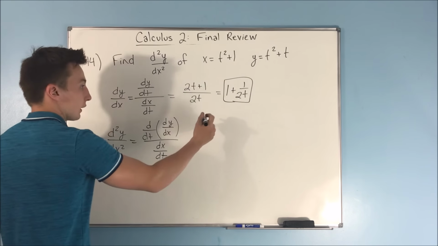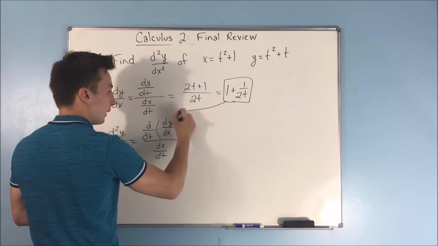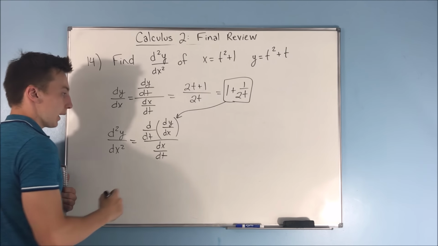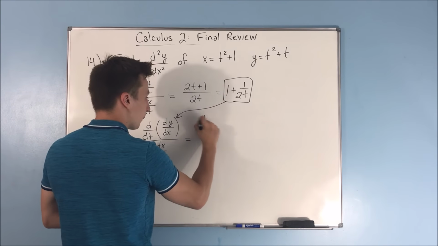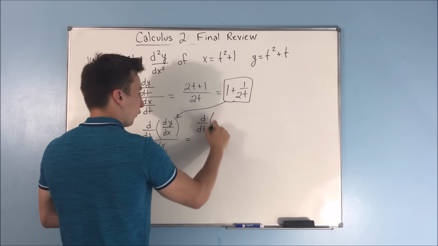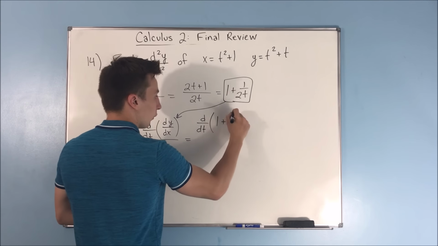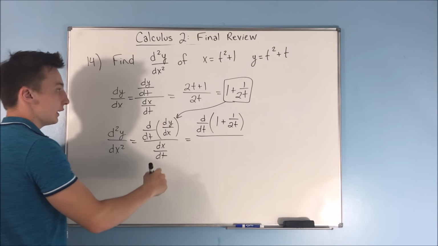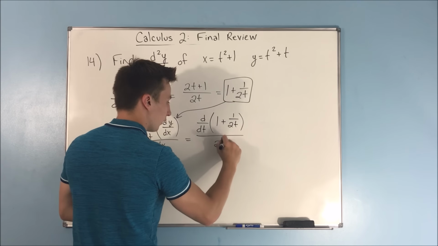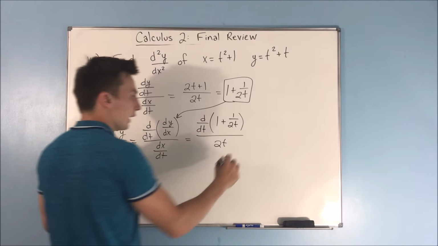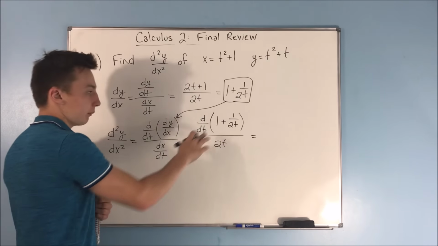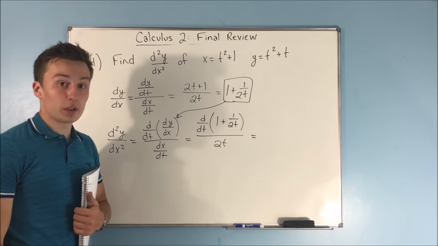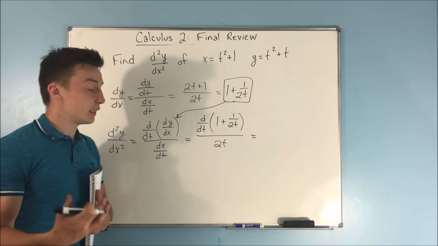So dy dx, that's this piece, so that's going to go right here. So this is equal to the derivative with respect to time of 1 plus 1 over 2t, and then we're going to put that over dx dt, which is 2t. Taking that derivative, we only need to worry about the derivative of 1 over 2t because the derivative of 1 is 0.